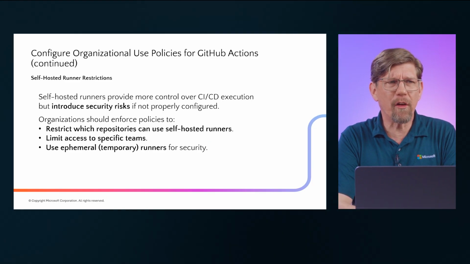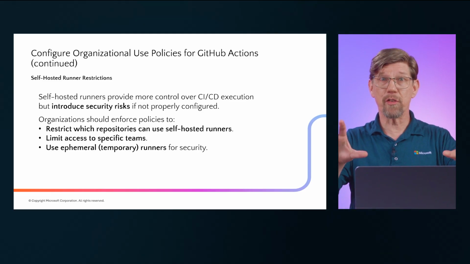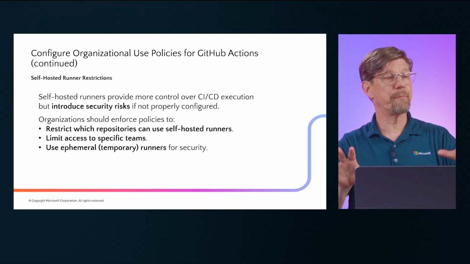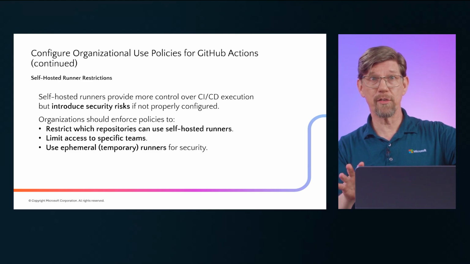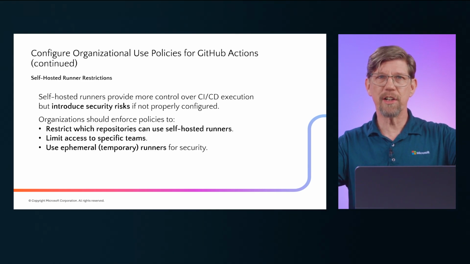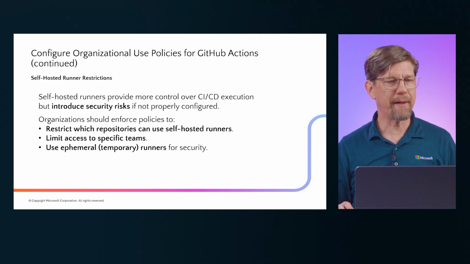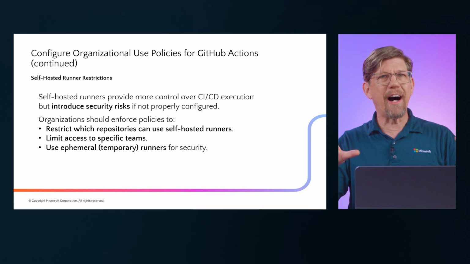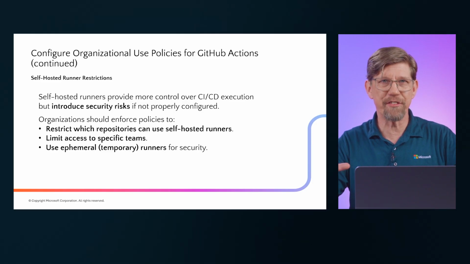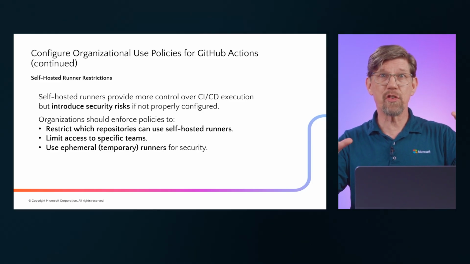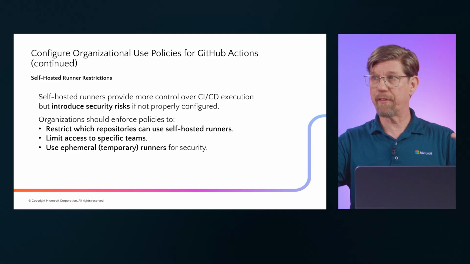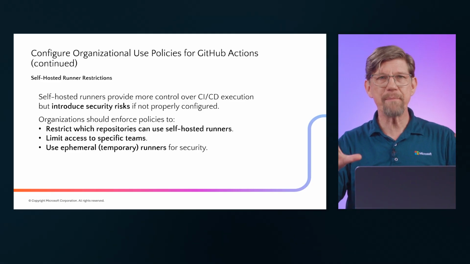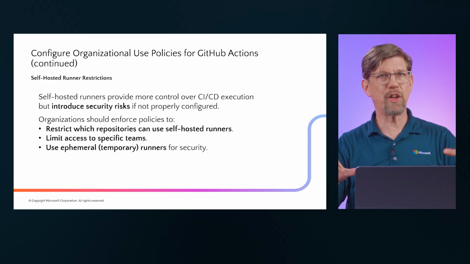We also have to keep in mind the different types of runners that we have available to us. We have the GitHub hosted runners, and we have our self-hosted runners. Now think to yourself real quickly, which of those am I more safe running someone else's code on? If someone contributes, where am I more safe for that code to run?